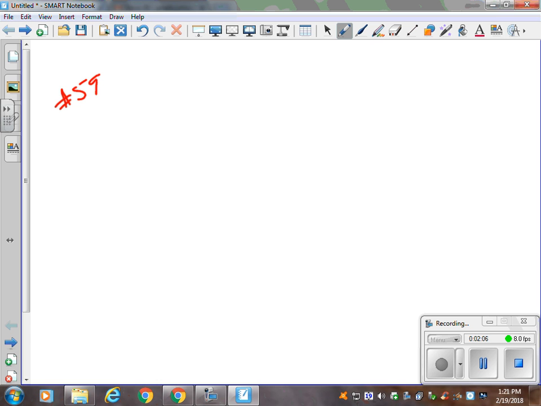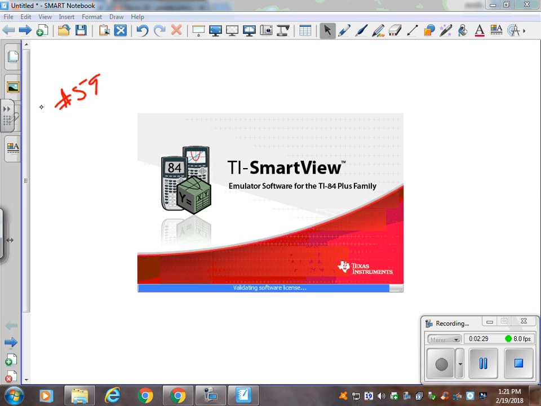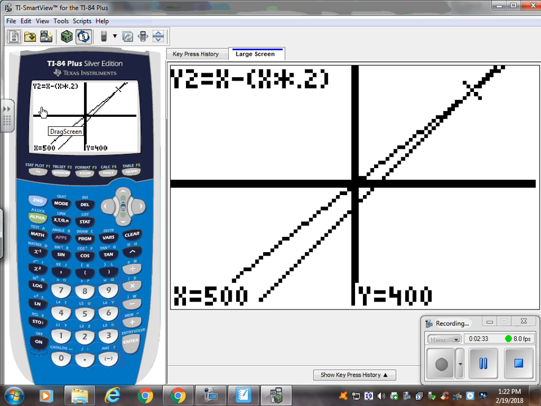Now, in Part A, it says use the graphing utility to plot the data and the graph of the model. So then it gives you this model that represents R equals. What we're going to do is two different things to get it done. First, go ahead and press Y equals and type in that R formula.